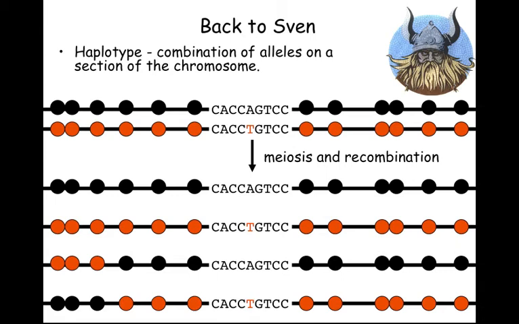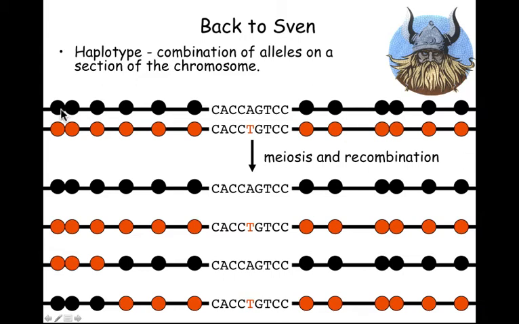Well, we have to introduce something called a haplotype. We've talked a lot about genotypes, and haplotypes are basically just unique combinations of polymorphisms that are together on the chromosome. Because they're together on the chromosome, they tend to get inherited together, because it's not too likely to have recombination events occurring in between these closely linked sets of polymorphisms.